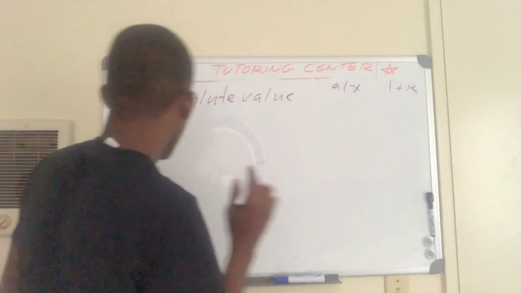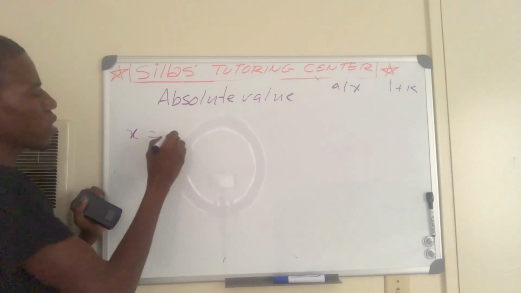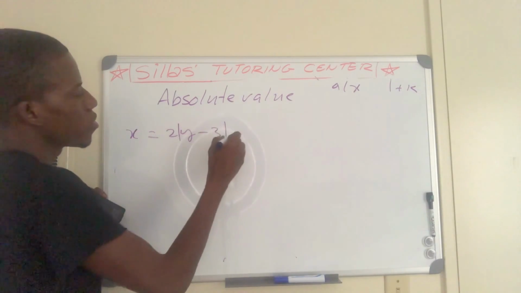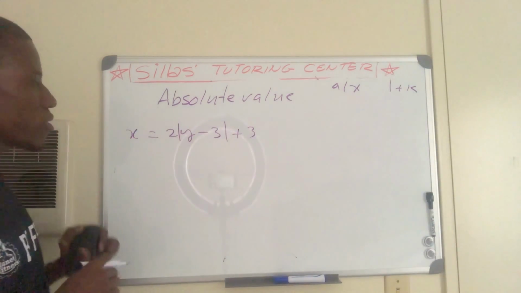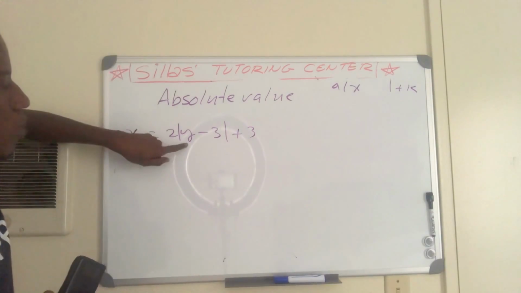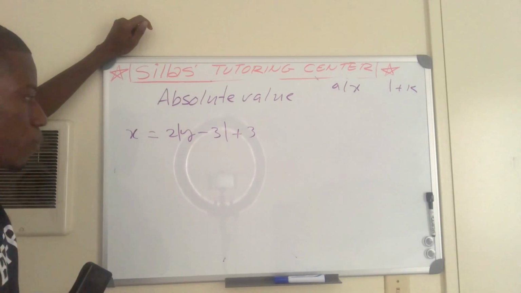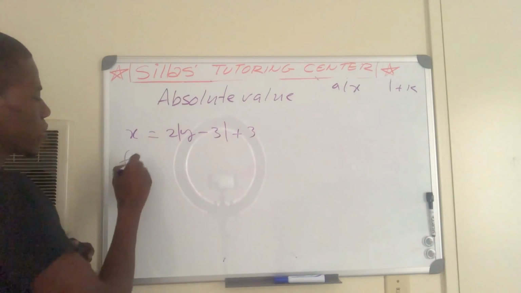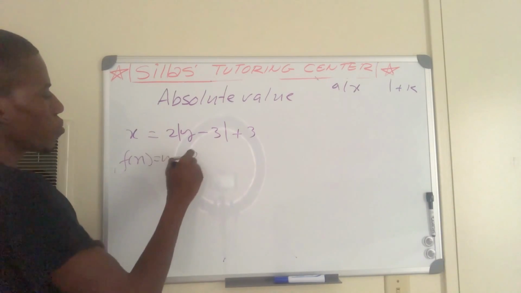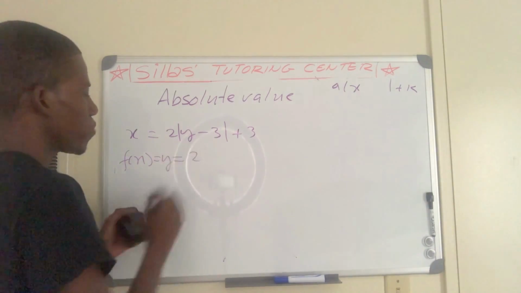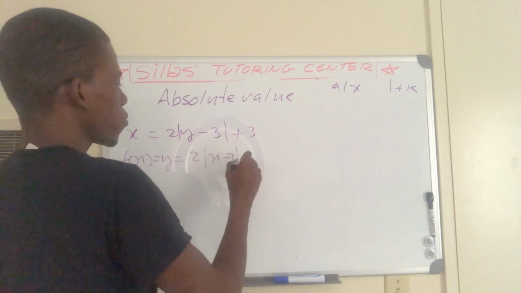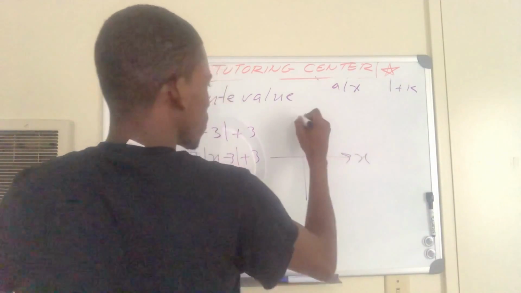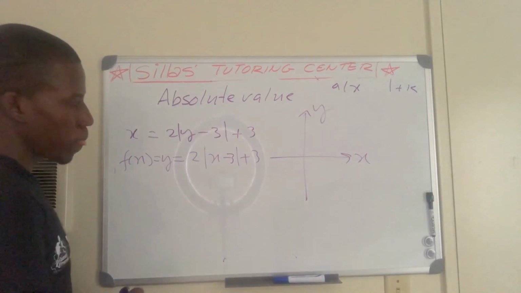Okay, so now, what if someone tells you, can you graph this function? This y represents f of x. When we were doing f of x or y equal to 2 times absolute value of x minus 3 plus 3, we were considering this as the x-axis and this as the y-axis.